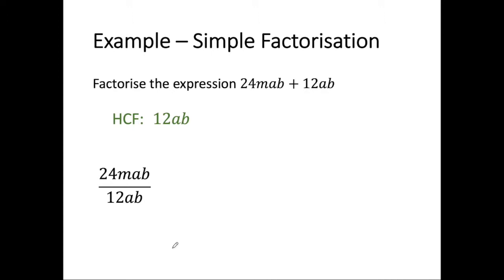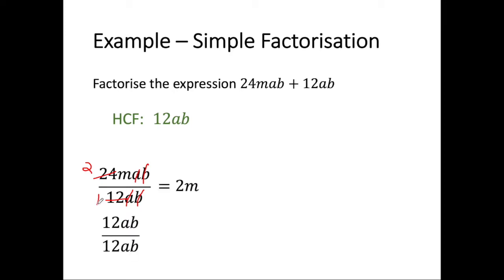I can cancel the a and the b out. And then 24 divided by 12 is equal to 2. So my answer is going to be 2m.